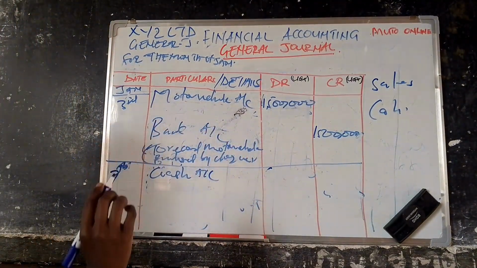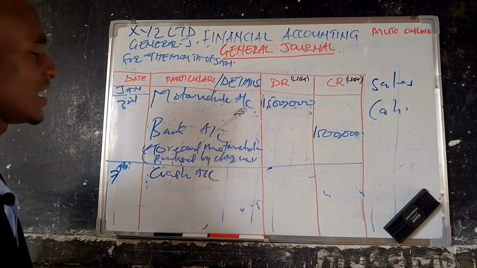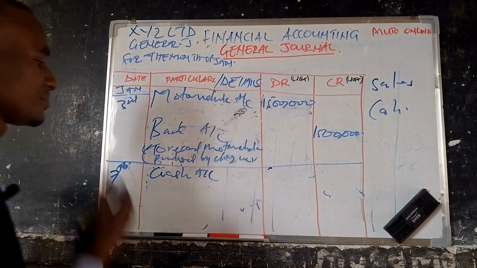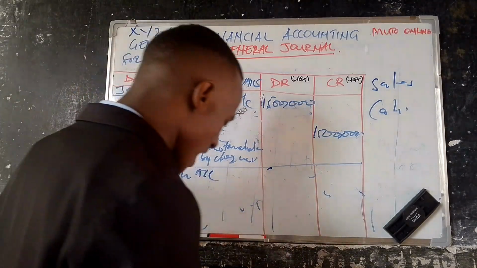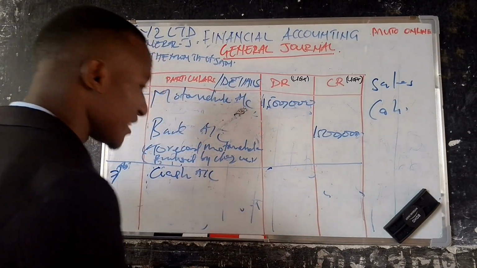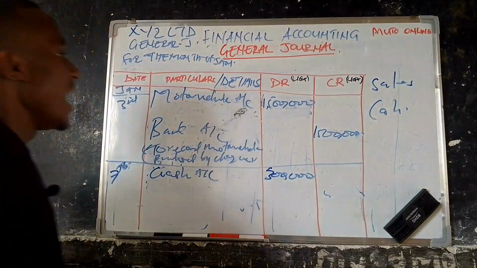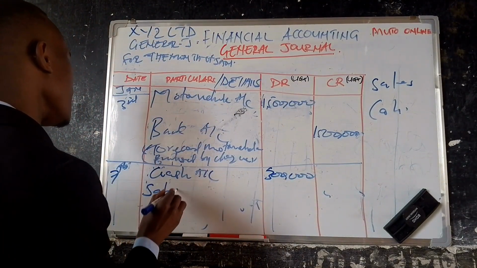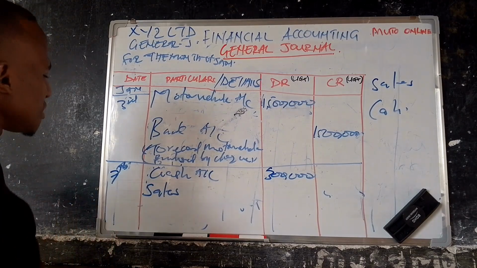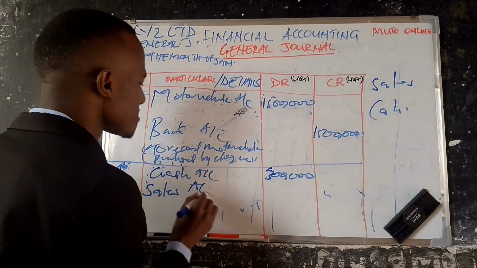Remember, initially we had a cash account. So, sold the goods for cash, that is 300,000, and we are losing sales to cash. Rather, cash is gaining from sales.